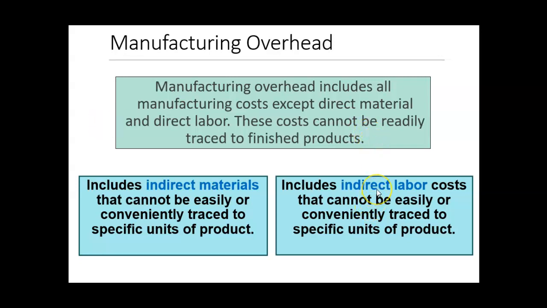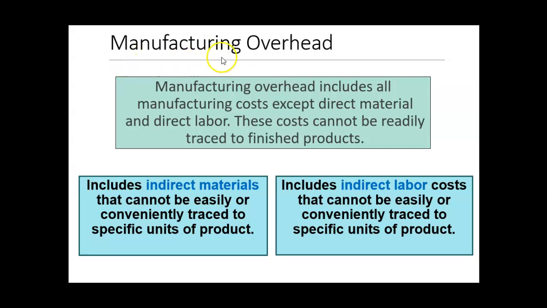When you think about indirect labor, think about a factory where we're making the actual product. So the labor cost for the security guard or for the receptionist would be examples of indirect labor. They're not making the actual product. However, we must have those people in place in order to run the actual manufacturing plant.